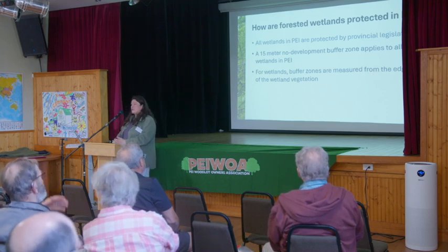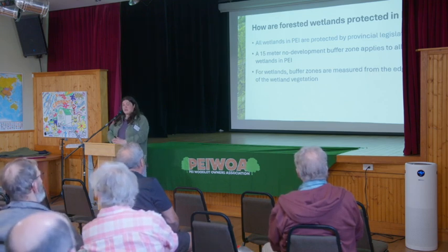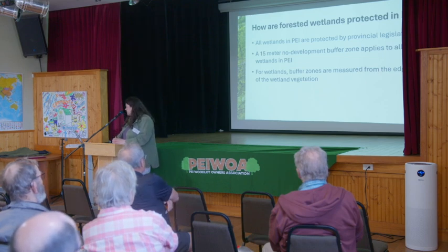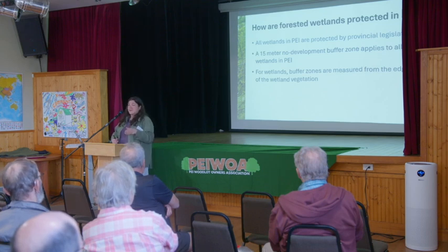They are protected, though, in PEI under the Environmental Protection Act, the Watercourse and Wetland Protection Regulations. All wetlands in PEI are protected with a 15-meter no development buffer. And for wetlands, those buffer zones are counted from the edge of the wetland boundary.